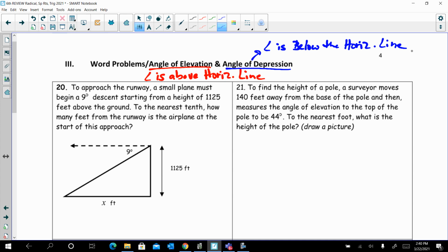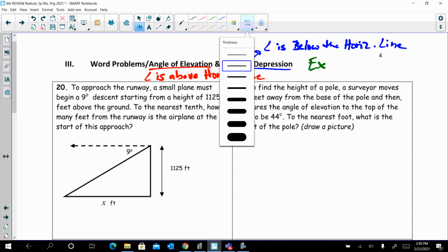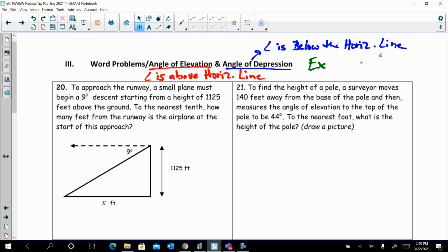So, for example, let me give you an illustration. If I have a horizontal line like such, to create the angle of elevation or depression, let's start with depression. The angle has to be below the line. So you're going to have this diagonal line of sight, and the angle would be here below the line.